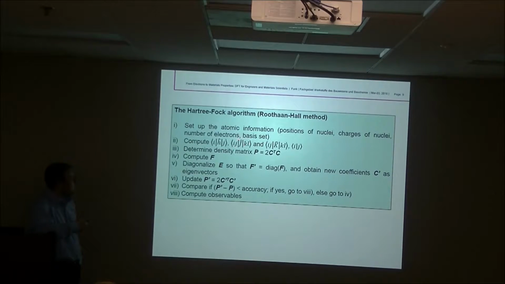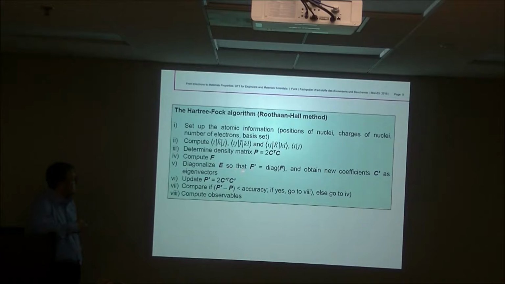Then we compute all our matrix elements, which come directly from the basis set. Right? Then we determine a density matrix with our initial population of our expansion coefficients. Well, this yields a density. If we directly start with eigenfunctions, this density matrix is a unit matrix. We have this part, so we can compute our Fock matrix.